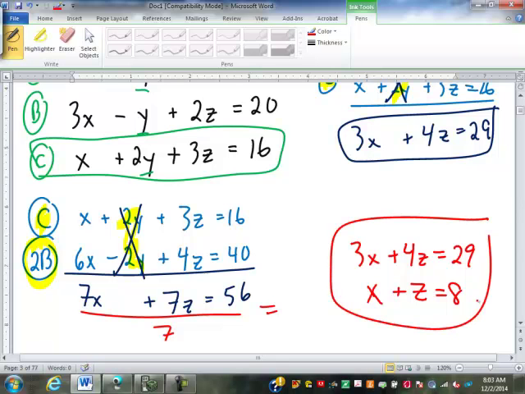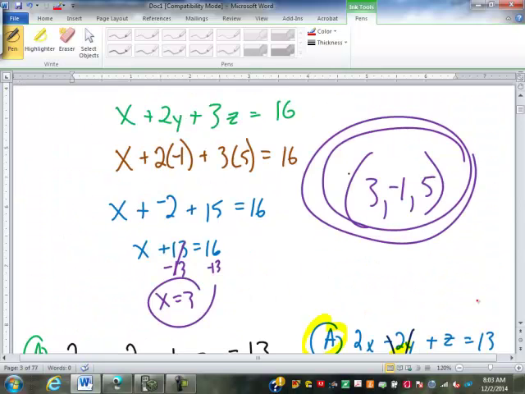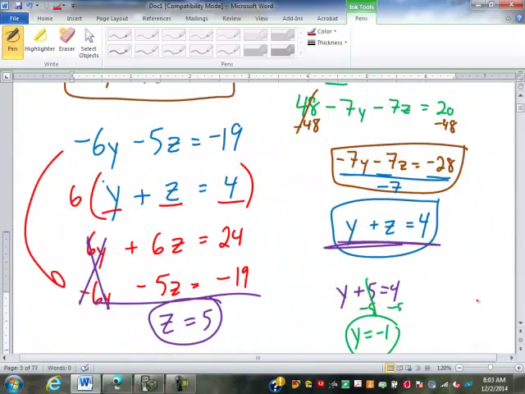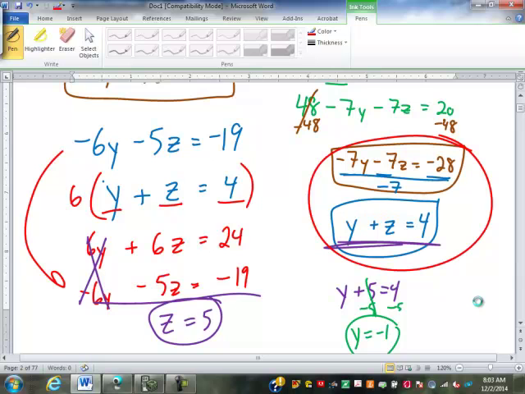You will notice that in both methods here, the first part is to turn this from 3 equations with 3 variables into a system of 2 equations with 2 variables. I did the exact same thing up here with the substitution. Where was I? Right here. I got 2 equations and 2 variables, and had to do the elimination with those.